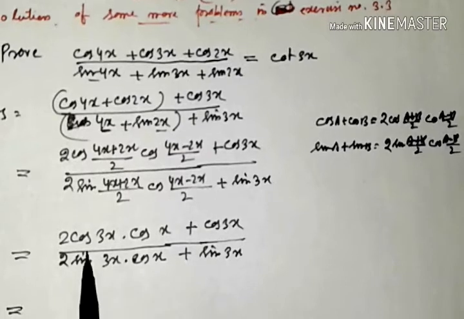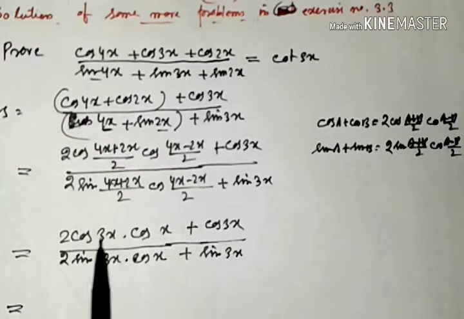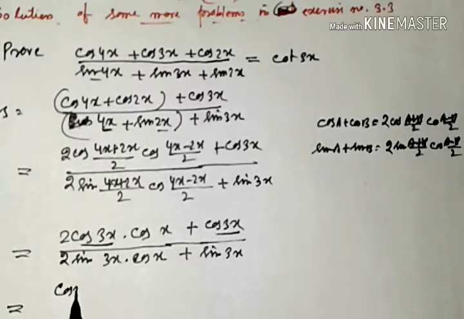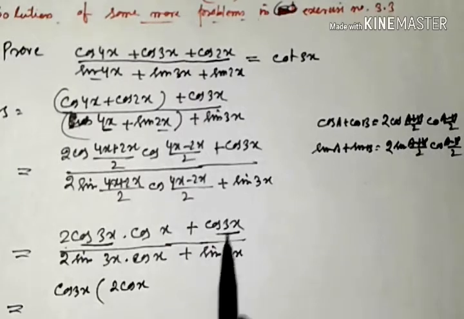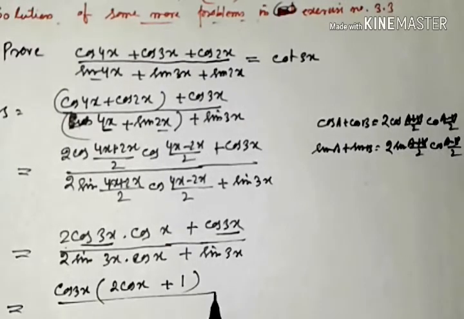Now we take cos 3x common in the numerator, so 2 cos x plus 1 remains. In the denominator we take sin 3x common, remaining 2 cos x plus 1, and this cancels.